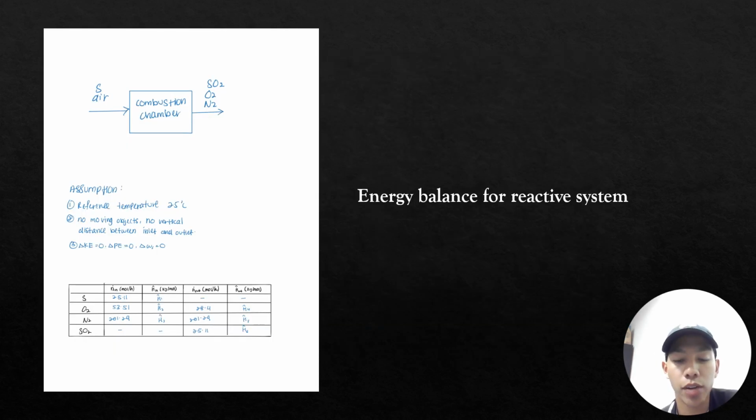In order to carry out the energy balance, we need to calculate the specific enthalpy for each component. We assume that the reference temperature is 25 degrees Celsius, no moving objects, and no vertical distance between inlet and outlet, therefore the kinetic energy, potential energy and shaft work are 0.